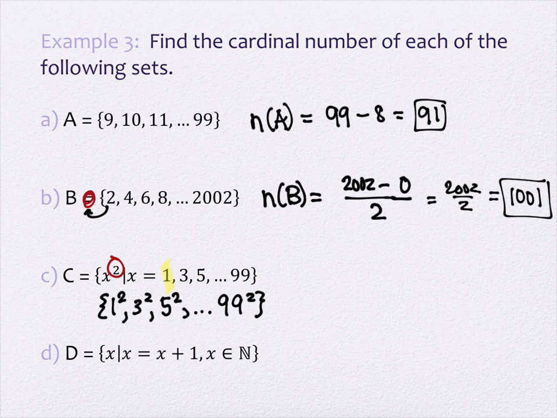So what we are left with counting is the same thing as what we would have counted before we squared them. How many are here? Well, it's not evens this time. It's actually odds, right? It's odd numbers. And we can do the same thing that we did in the last situation. So this is n of C.